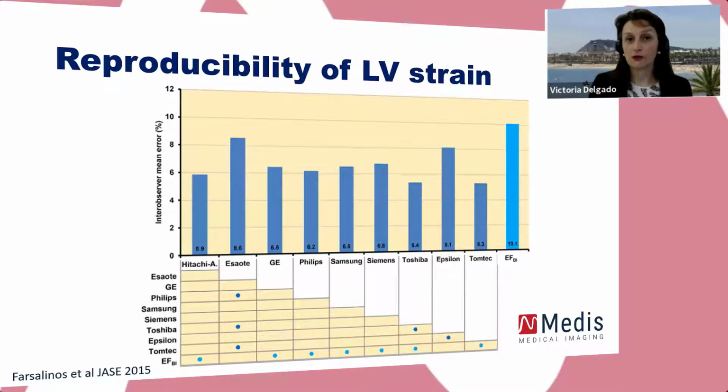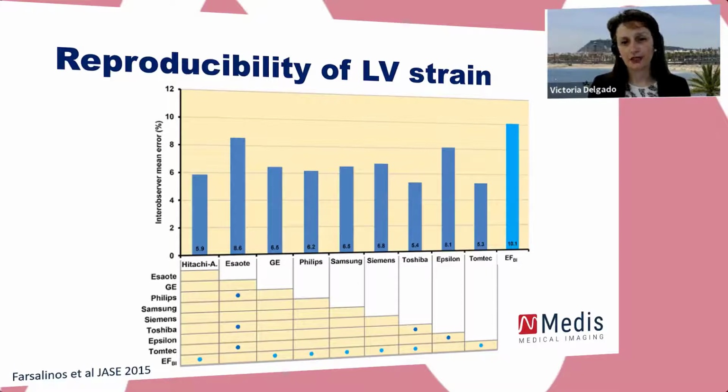It has also been said that there are different vendors and that maybe the different vendors do not have the same values. That has been solved. There is a task force that tries to homogenize the values of global longitudinal strain across the different vendors, and even with platforms that are vendor independent and that can measure global longitudinal strain or circumferential strain from 2D data.